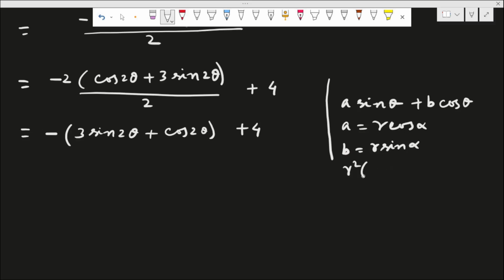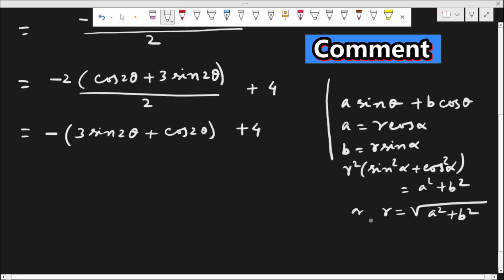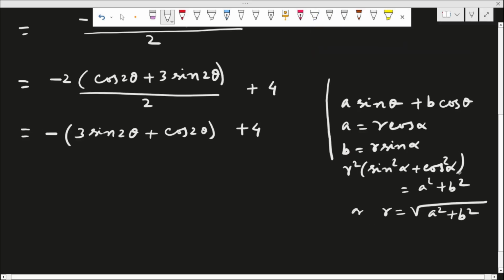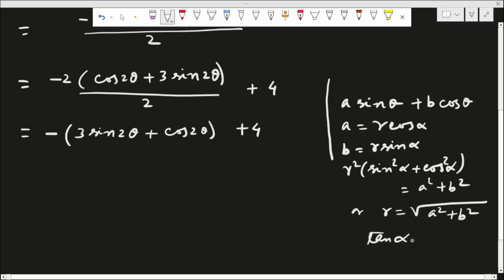R square into sin square alpha plus cos square alpha is equal to A square plus B square, or R is equal to root over A square plus B square, as sin square alpha plus cos square alpha is equal to 1 from the formula. And if we divide one by the other, tan alpha is equal to B by A.